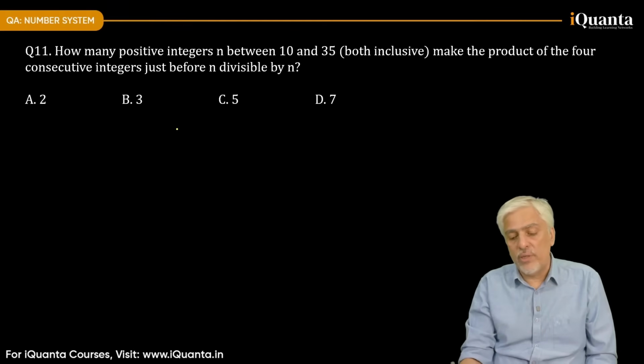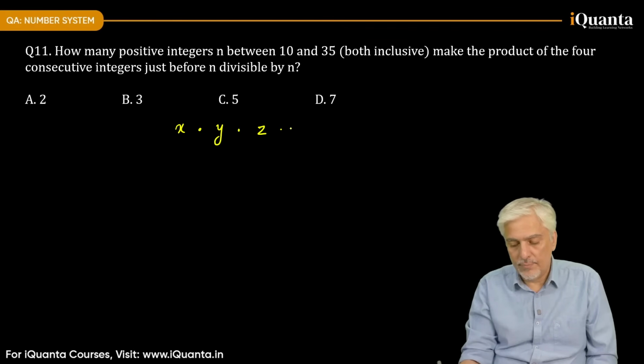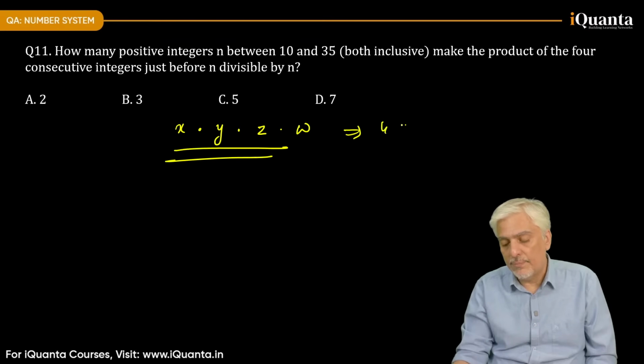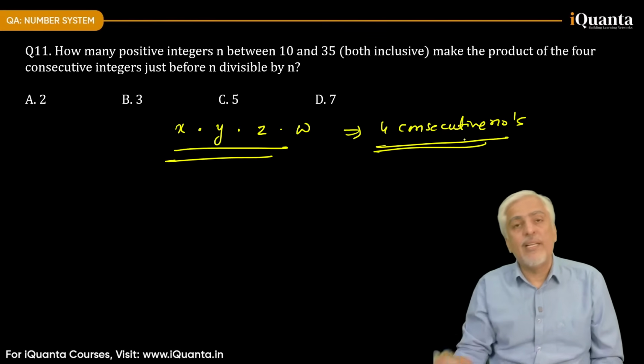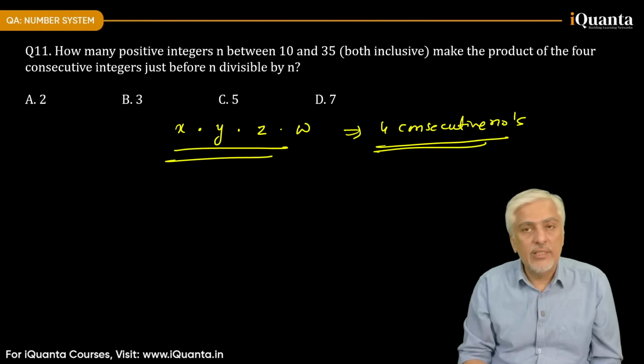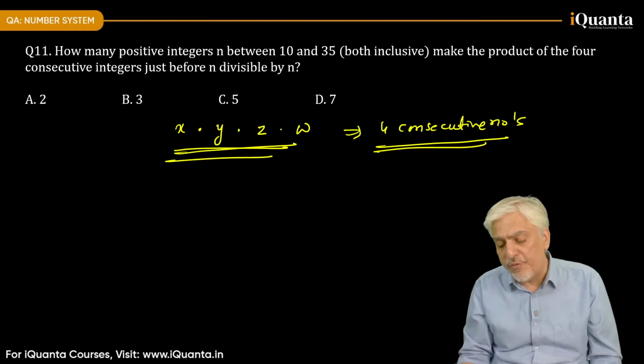When I take 4 consecutive numbers, suppose these are 4 consecutive numbers. Now pay attention everybody. Whenever you take 4 consecutive numbers, do you agree 2 of these will definitely be even?